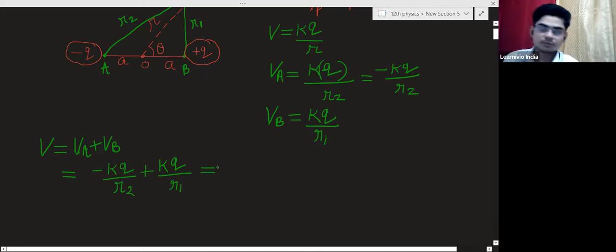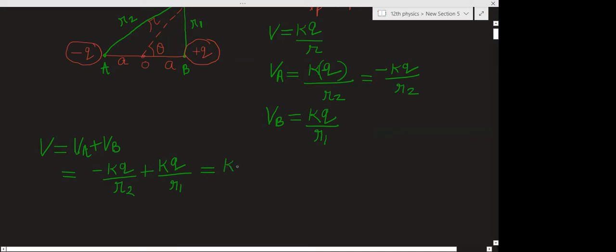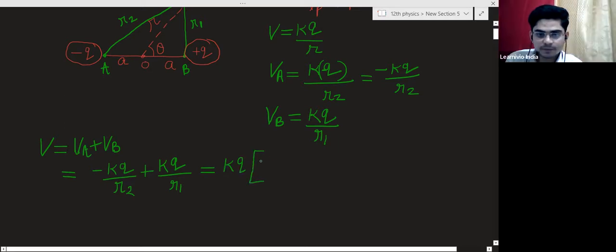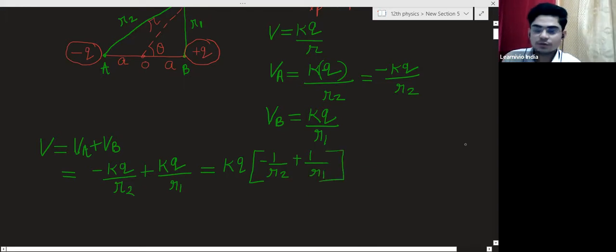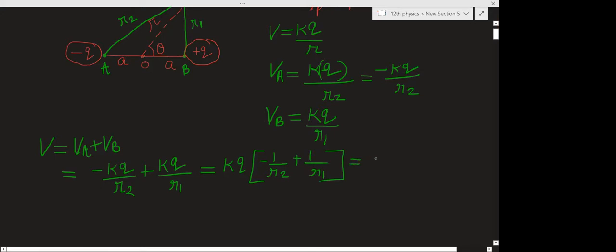Now you can see from here that KQ is common in both the terms, so we can take KQ common, and we will get minus 1 upon R2 plus 1 upon R1.